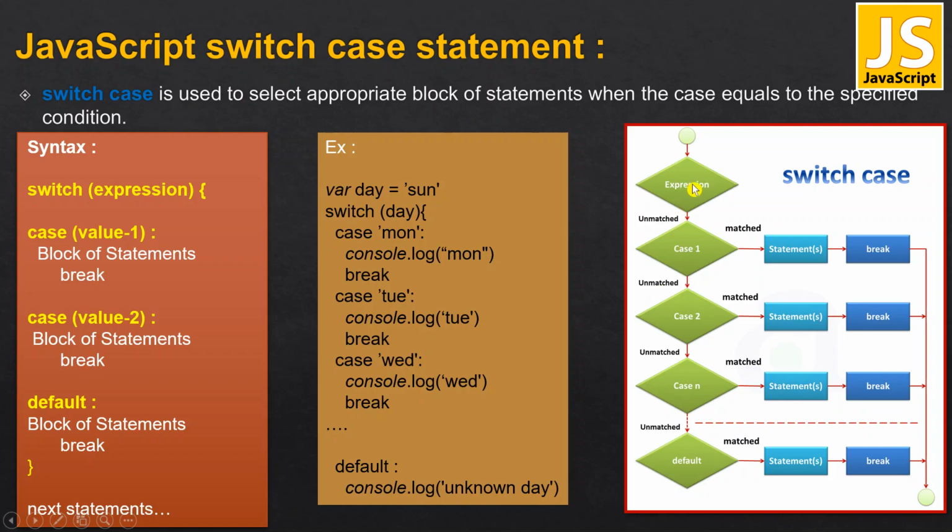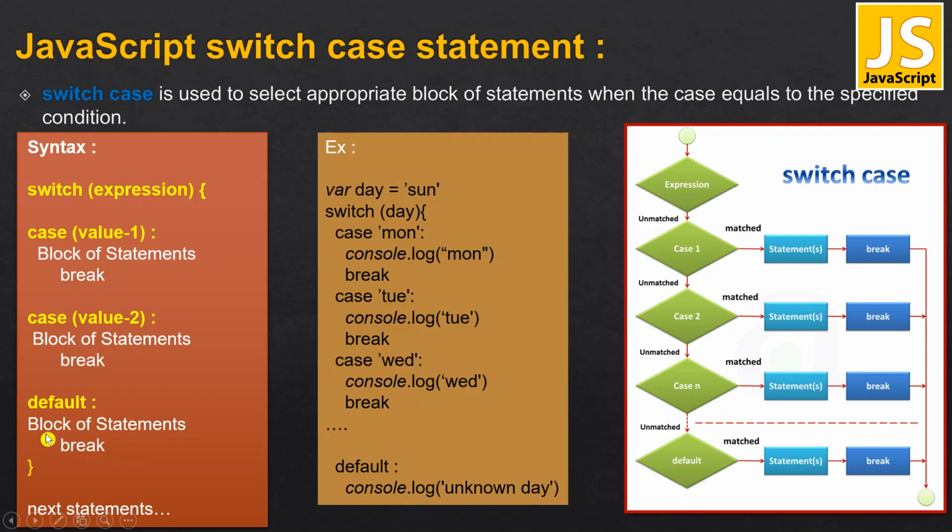Like that, if the expression equals the case 2 value, then the corresponding block of statements will execute, then break, then it will go to the next statements. Like that it goes on and on. If the expression is not equal to any of the cases provided here, then the default case will be executed.